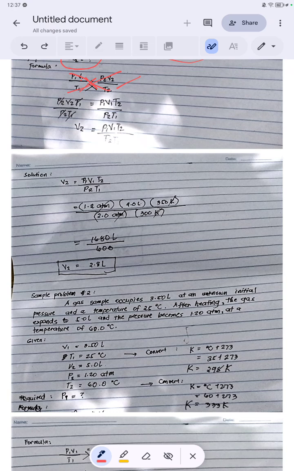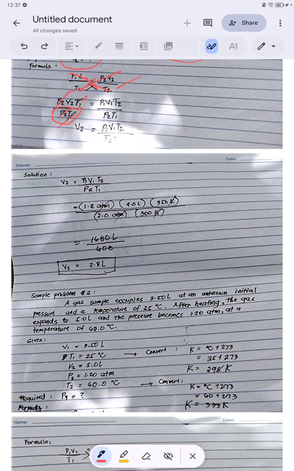Why P2 and T1? So that you cancel P2 and T1 and V2 remains. On the right side, you divide by P2 T1.